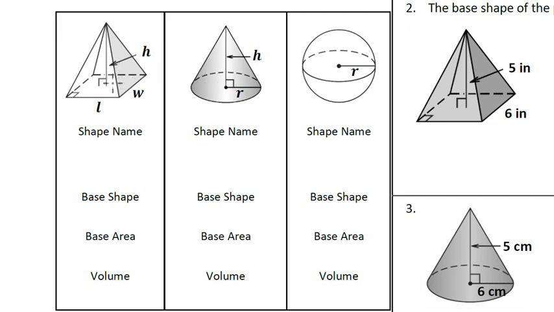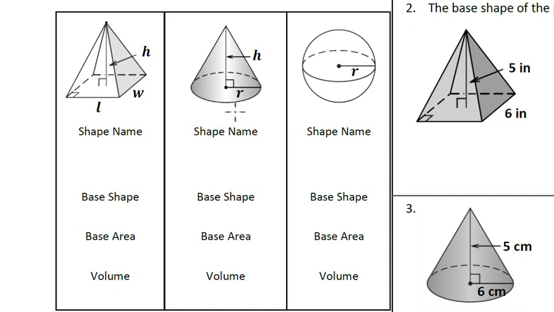If you look at a pyramid, it looks kind of like a rectangular prism, except instead of having opposite faces that are congruent, all of the lateral faces, the side faces, end up connecting together at a particular point. We've called this point the apex when you look at your video notes.